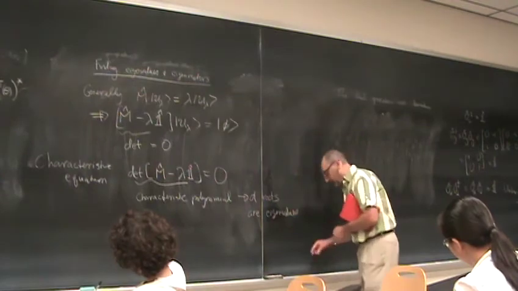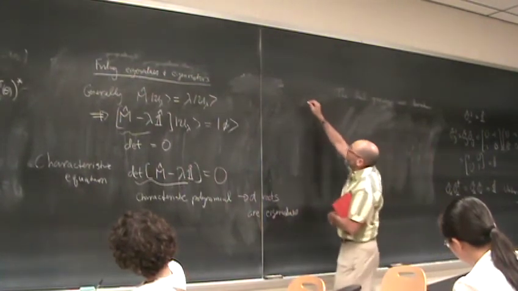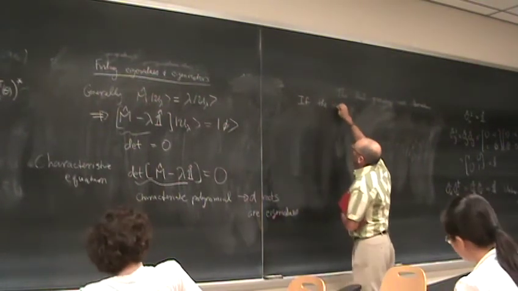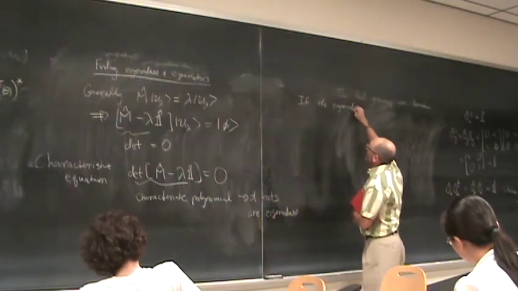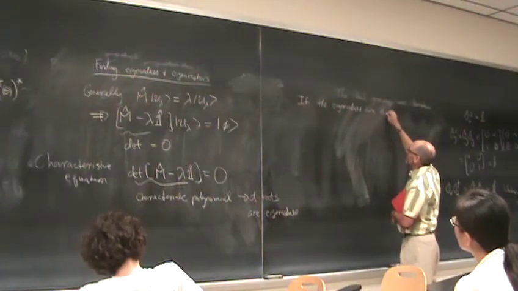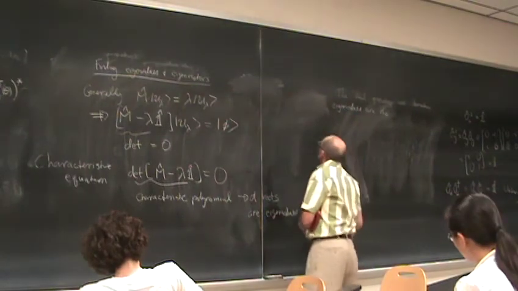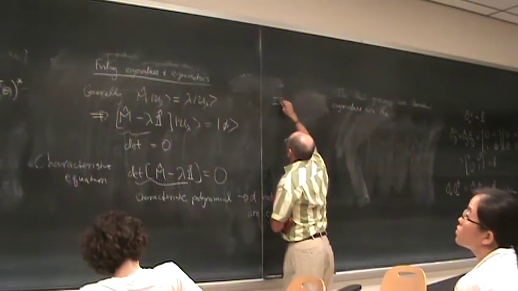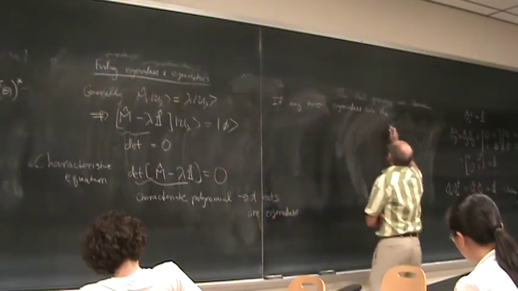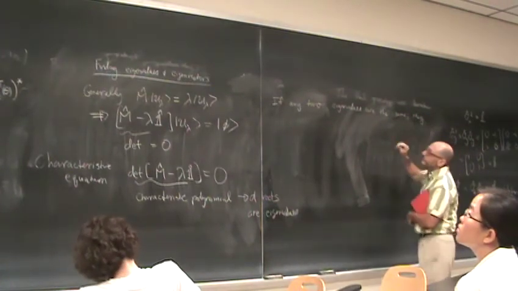Now we could say a few things, just in terms of definition. If any two eigenvalues are the same, they are said to be degenerate.